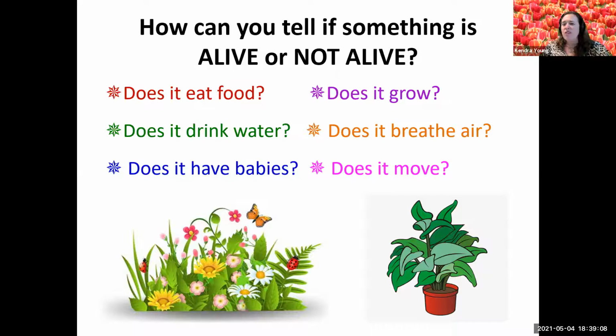And you say, well, how does a plant move? I'm going to give you an example of how a plant might move. Has anybody ever seen a sunflower? A sunflower, when it grows, moves with the sun. And if you have a plant near a window, sometimes the plant will actually move itself and grow towards the light.